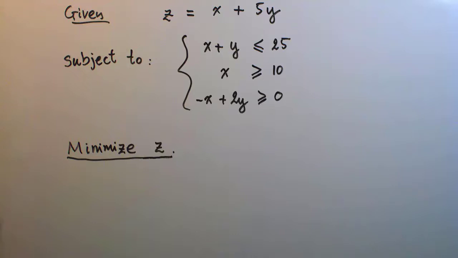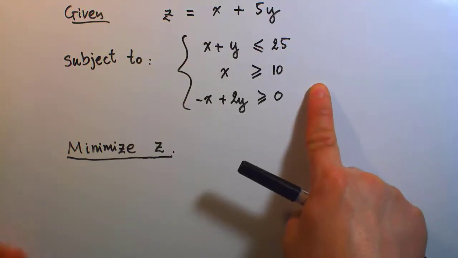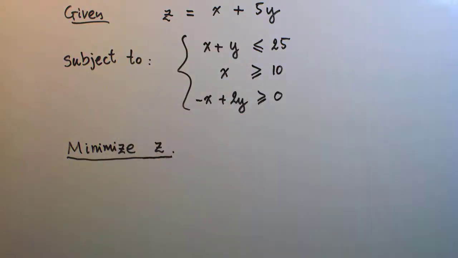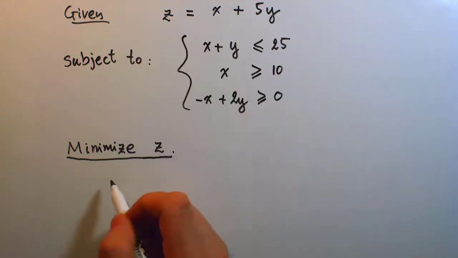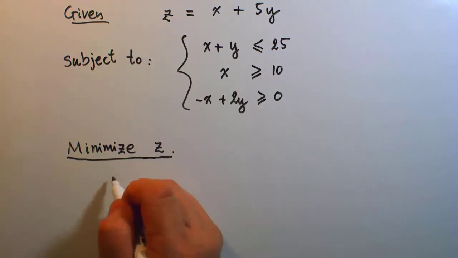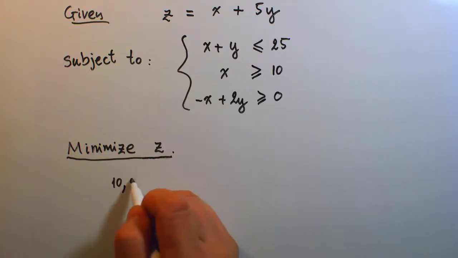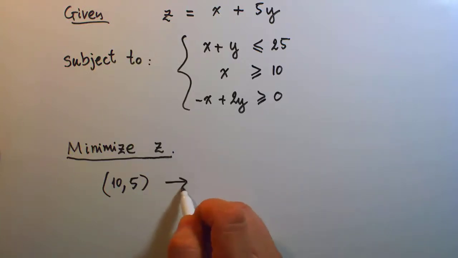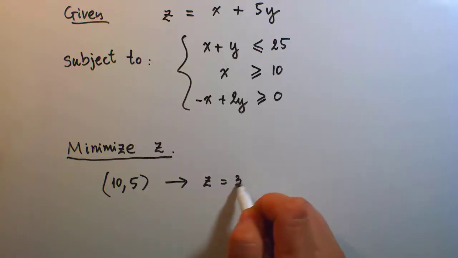We have already seen the feasible region as a graph region of this system of inequalities, and the feasible region from this system of inequalities comes out with three corner points. One of them was 10 for x, 5 for y, and it came out with a calculated value for z equals 35.